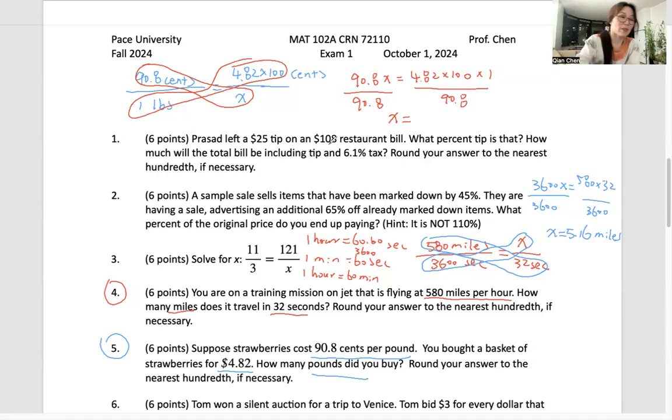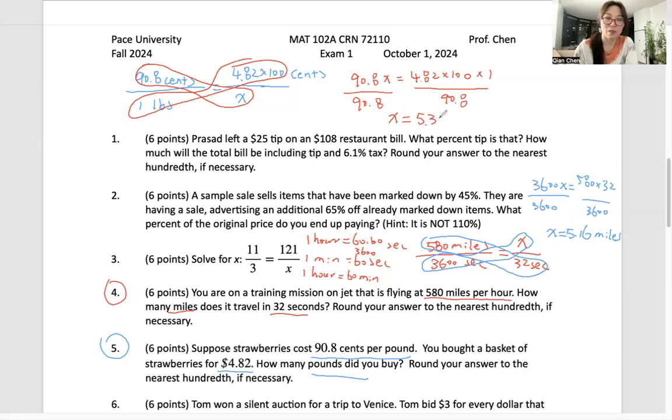So again, let's hit into the calculator. 4.82 multiplied by 100, that's 482. Then divided by 90.8. So that gives me 5.308.